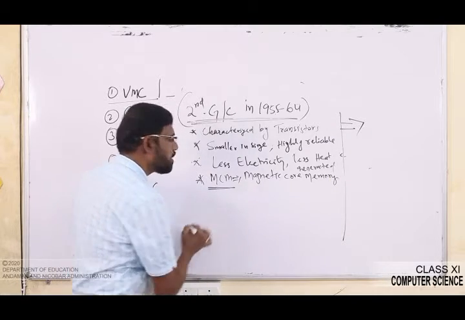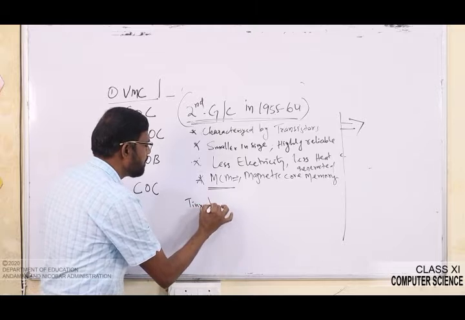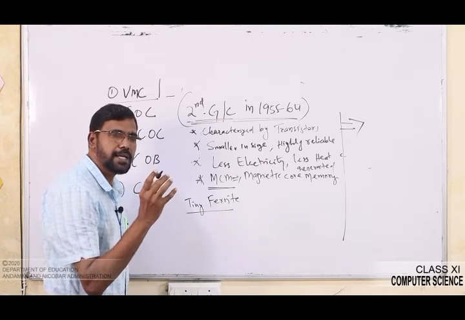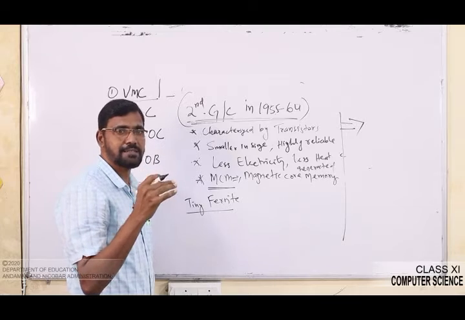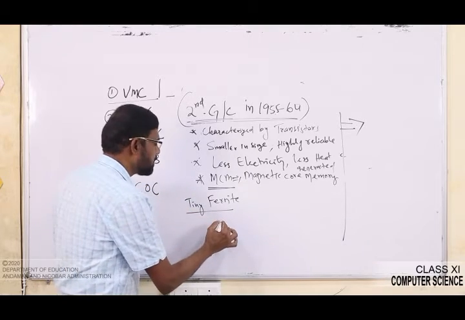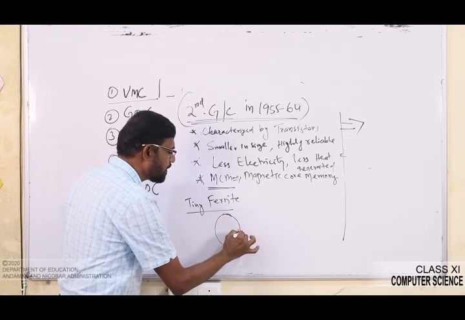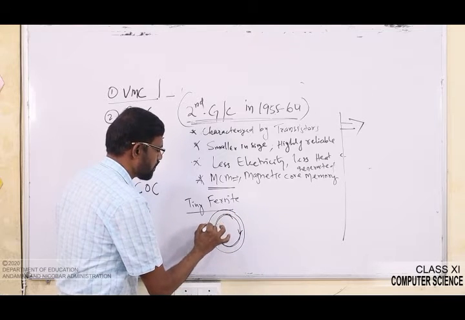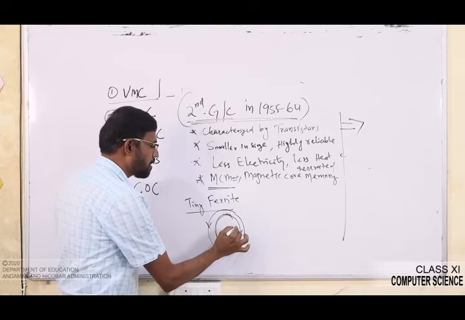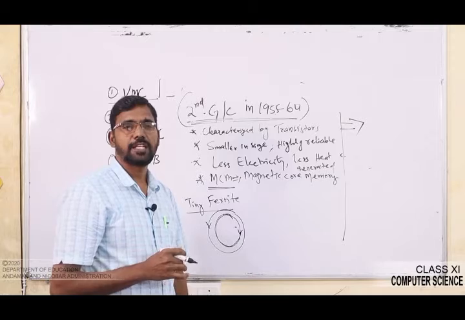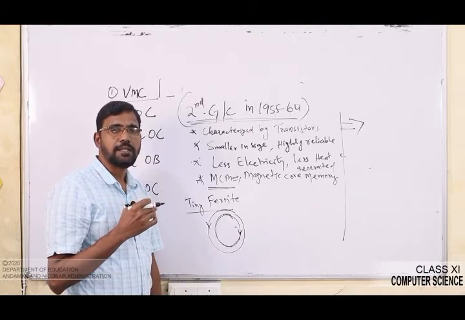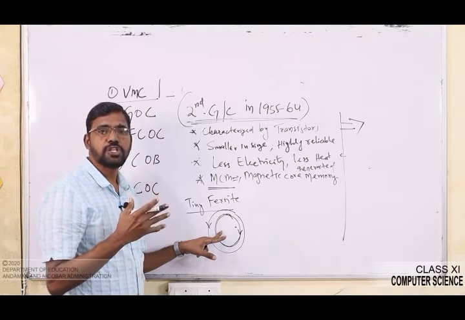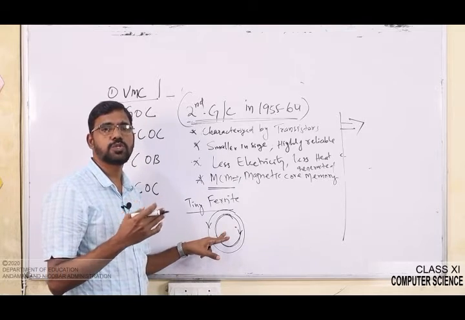This magnetic core memory is developed from tiny ferrite. Tiny ferrite is a combined metal oxide which can be magnetized, and the magnetization is either clockwise or anti-clockwise. This was the first device used as primary memory.